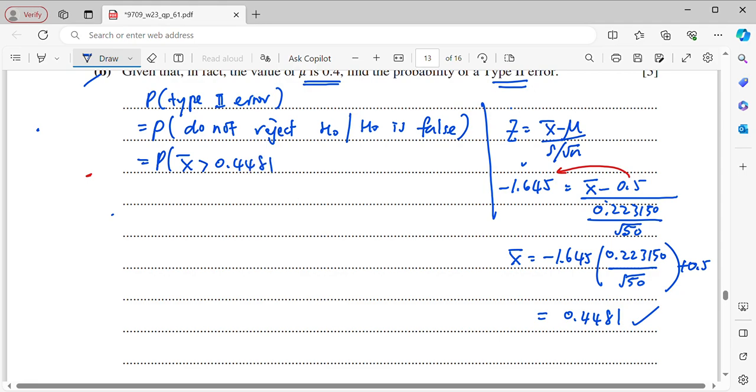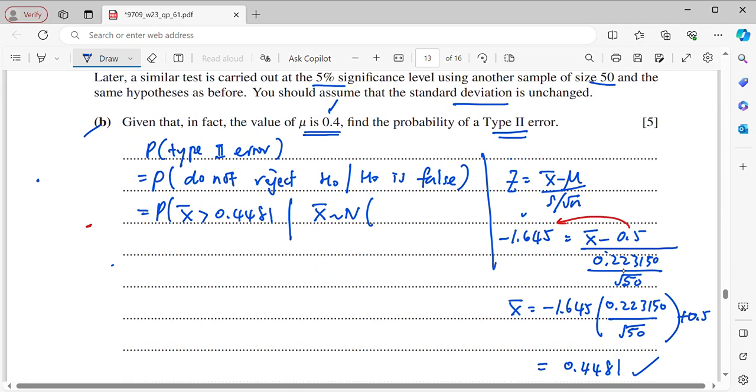Okay, that means here it's going to be X bar greater than 0.4481. And given that H0 is false, that means now your X bar is normally distributed with new mean, which is 0.4. Okay, and then the variance remains 0.223150 squared over 50.